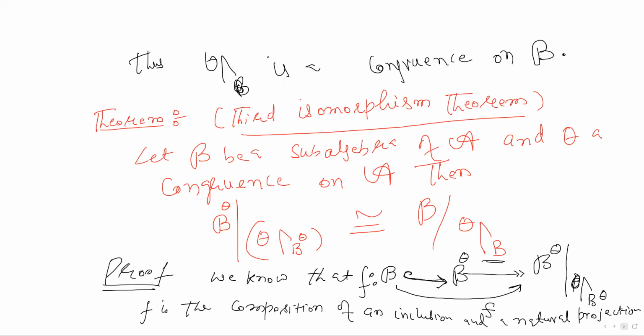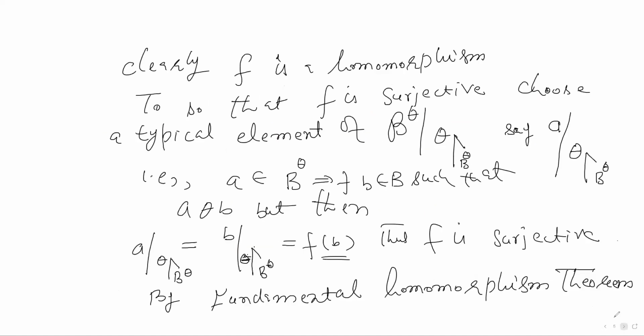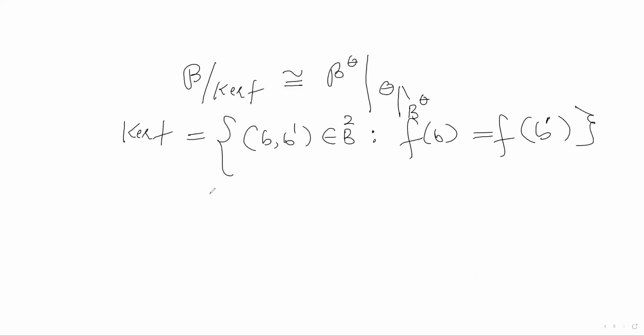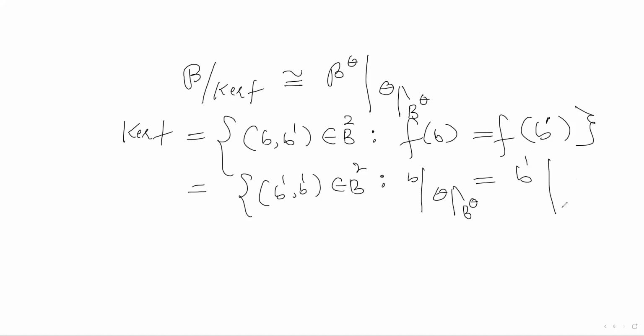So this means it is the set of (b, b') belonging to B square such that the class b over theta restricted on B theta is the same as b' over theta restricted on B theta.